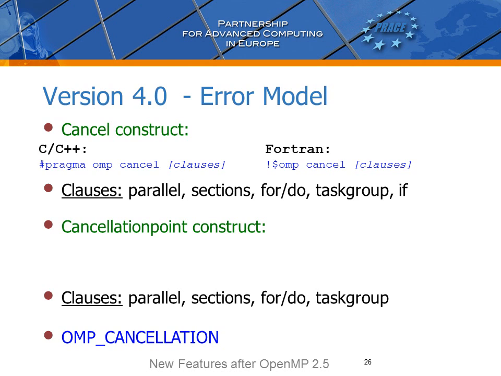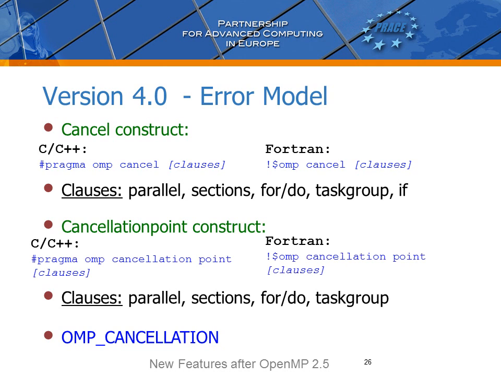When it is used for a parallel, sections, for, or do region, each thread of the binding thread set continues execution at the end of the cancelled region. When it is requested through the cancel taskgroup construct, the innermost enclosing taskgroup will be cancelled. When an if clause is used and it evaluates to false, the cancel construct doesn't request cancellation.